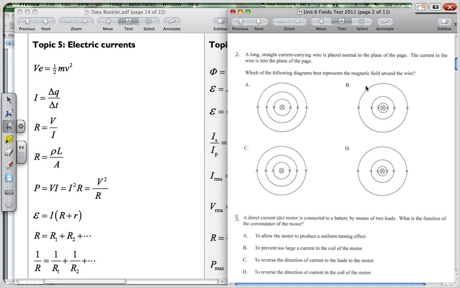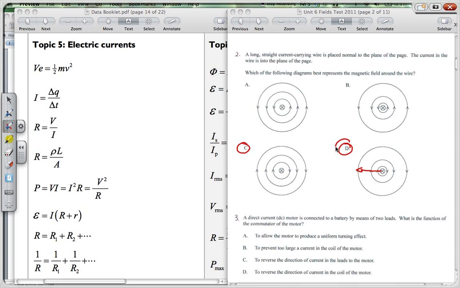To find the direction of the magnetic field, we use our right hand, with the thumb in the direction of the current and the curled fingers in the direction of the magnetic field. So when we do that, we see that we have a clockwise field, so it could be either C or D. But D would be the better answer, because as you move away from the wire, your magnetic field will actually decrease, and the number of magnetic field lines per unit area gives an indication of the strength of the magnetic field.